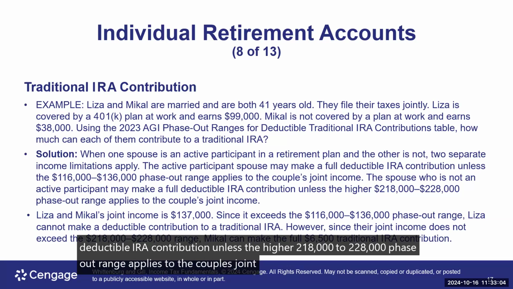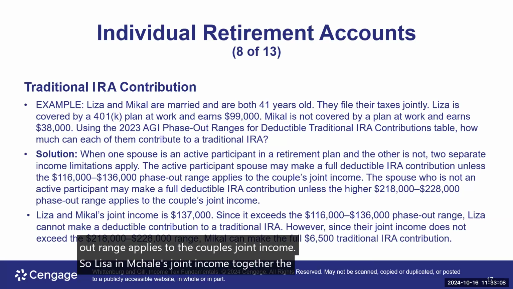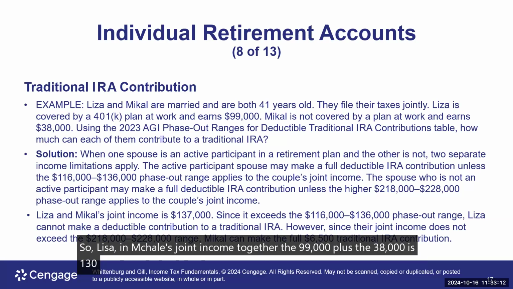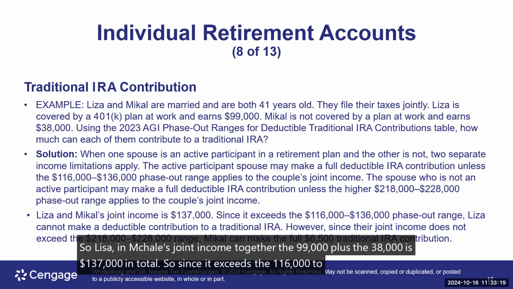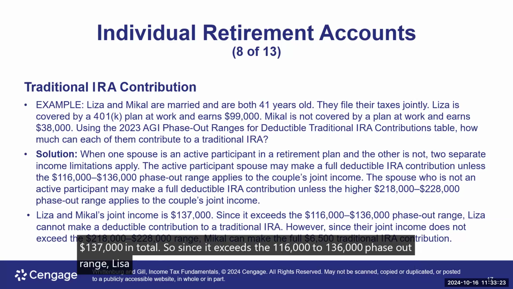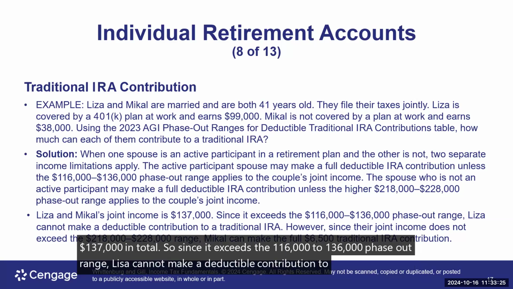So Lisa and Mikhail's joint income together, the 99,000 plus the 38,000, is $137,000 in total. Since it exceeds the 116,000 to 136,000 phase out range, Lisa cannot make a deductible contribution to the traditional IRA.